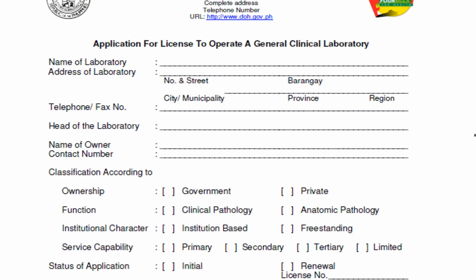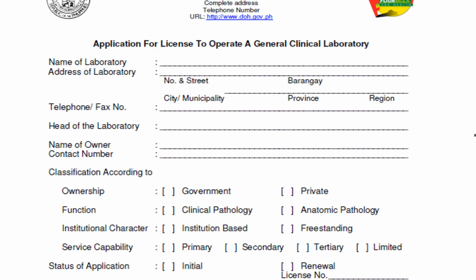Now, let's make it clear. In the succeeding slides that I'm going to present today, we will define who the head of the laboratory is. Most of you know that the head of the laboratory is the chief medical technologist. But as a matter of fact, a chief medical technologist is just the senior, or the highest level of medical technology, in the laboratory.